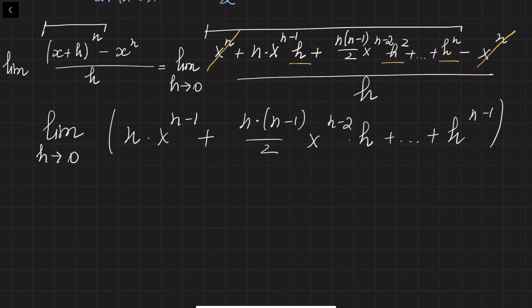When h goes to 0, this term is going to 0, because I have h here, and all the other terms are also going to 0. And you see, this term doesn't have h at all, so it simply stays outside of the limit. It's going to be equal to n times x to the power of n minus 1. So this is actually the value of the limit, the derivative.